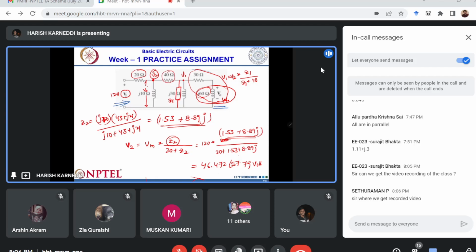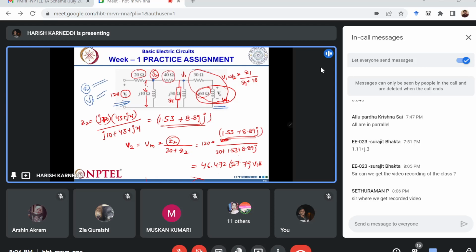The same problem one can solve with nodal analysis also. Consider this as node 1 and this as node 2. Find the equation for node 1 and the equation for node 2. Now you will get two equations, one for v2 and one for v1.